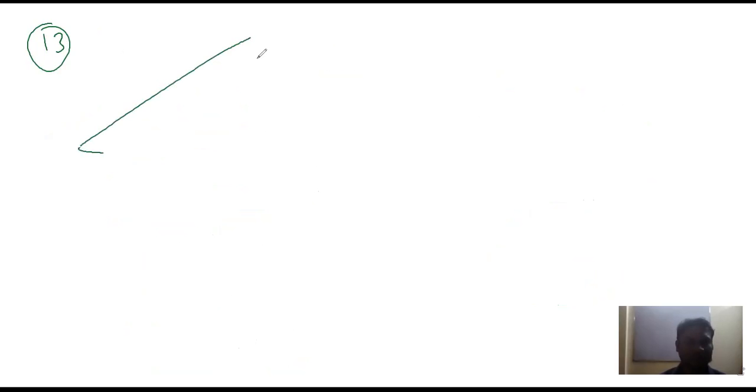So in 13th question of our class notes, we have a block which is having mass 1 kg. It is tied to a wall here. So this is our wall and the angle of inclination is 50 degree. The block is connected with a straight wire or a string.